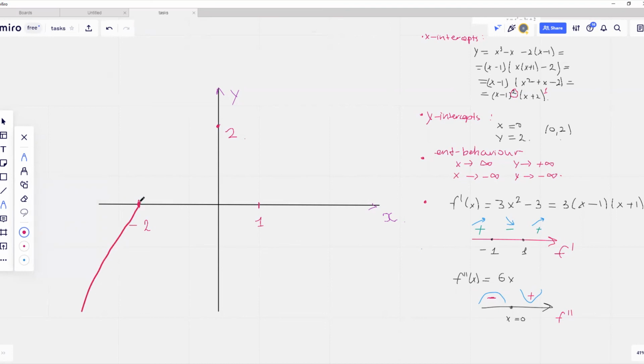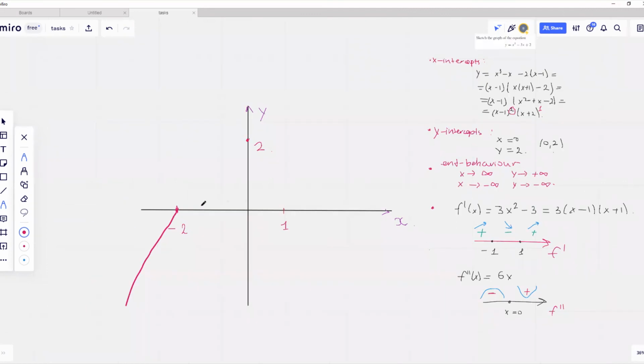Now, at point x is equal to -2, we have a simple root, so our function is going to cross the x-axis. Then what we have to look for is that our function is increasing up to point x is equal to -1. At point x is equal to -1, we have a stationary point.